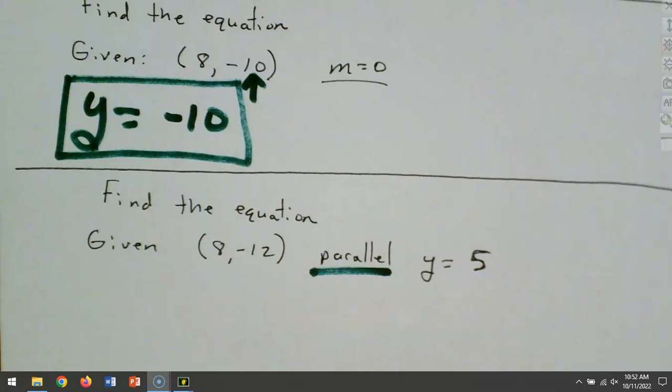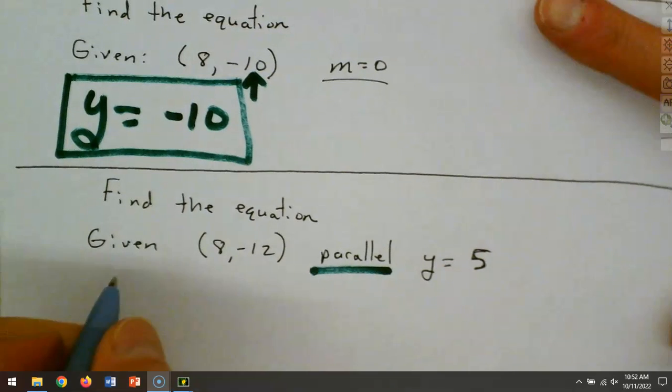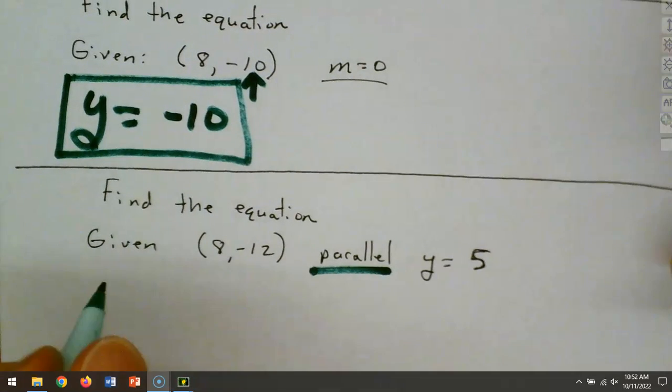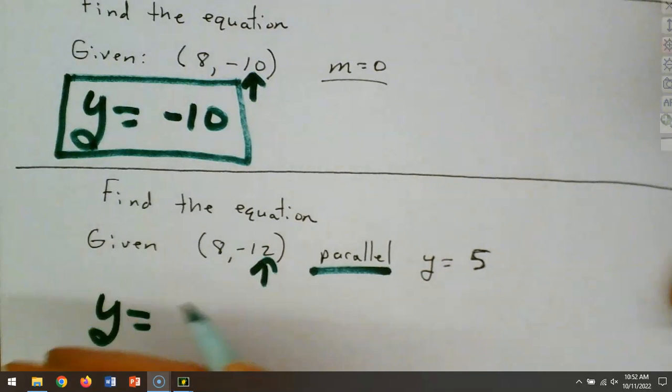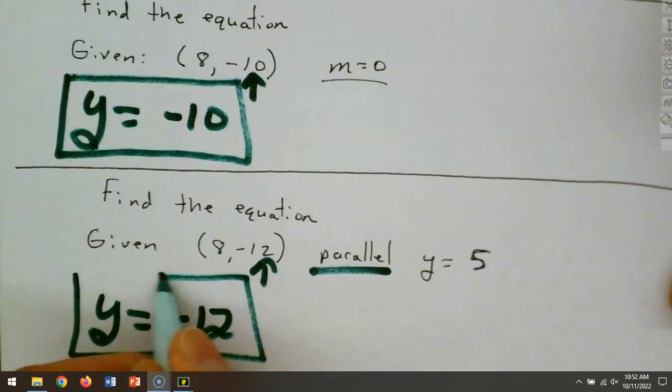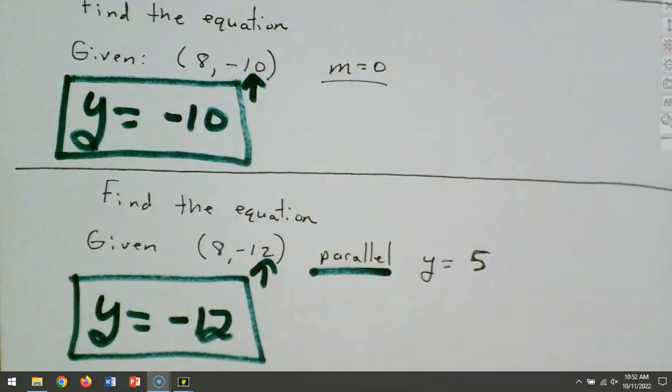When I say parallel, that means they're going to be the same. So what's parallel to a y line is another y line. So this is parallel to y equals 5. My answer would be y equals, and what's the y component of my ordered pair? Negative 12. So this one would simply be y equals negative 12.